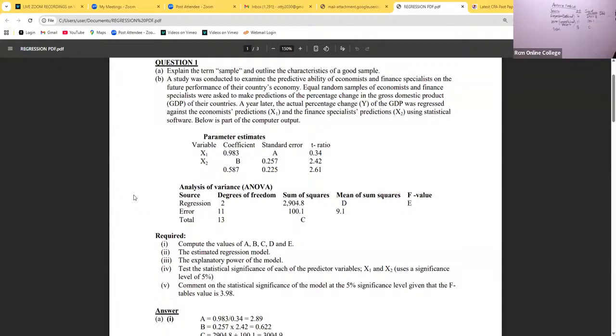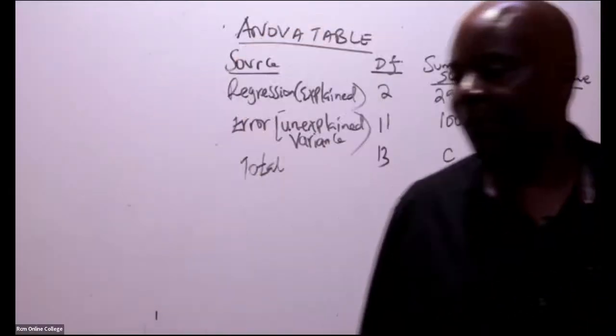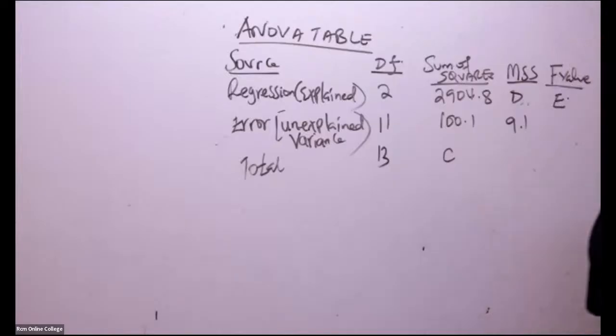For the mean sum of squares, I can see D, and then I can see 9.1, and then I can see the F value, where I can see an E there. So first of all, let's put this ANOVA table down, and once you finish writing it, please mention there, yes, we are okay.